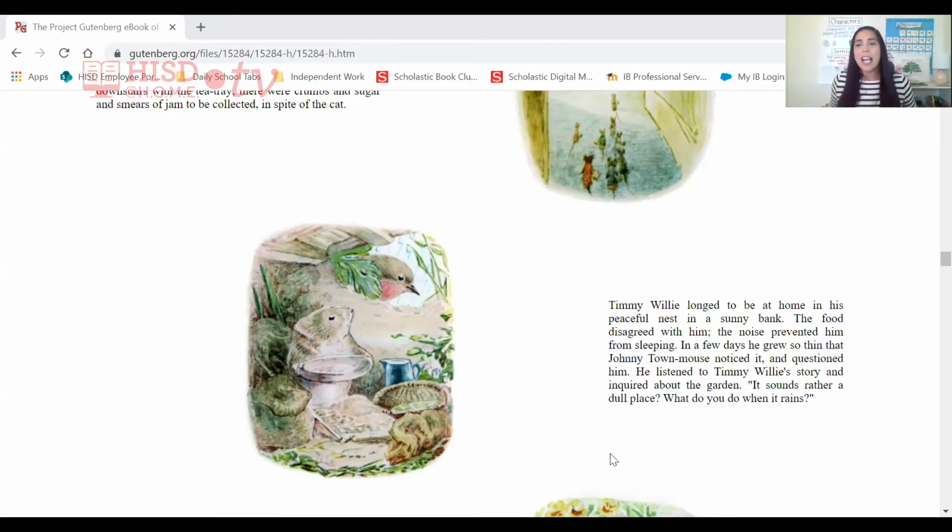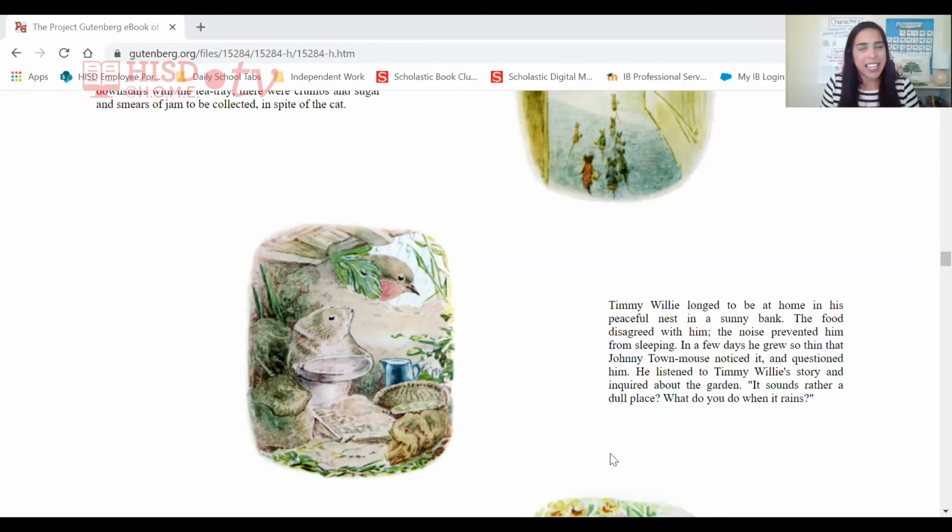Sometimes boys and girls, I don't have to infer too much because the author gives me more than enough information to figure out what's going on in the story. But I use my connections to infer. Now, I'm seeing that Timmy Willy is upset. And I also know that Johnny Mouse notices it.